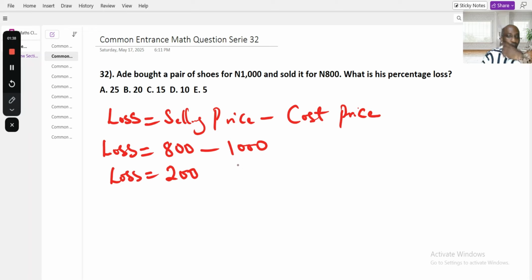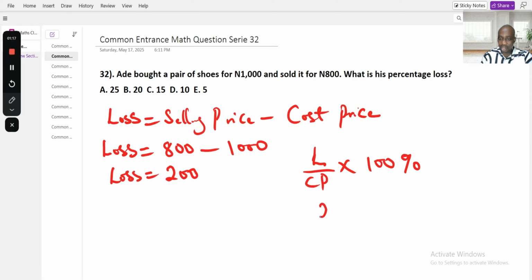Now to calculate the loss percentage, we are going to say the loss over cost price multiplied by 100 percent. This is the formula you are going to use. Our loss is 200. The cost price, what he bought the pair of shoes for, is 1000 naira.